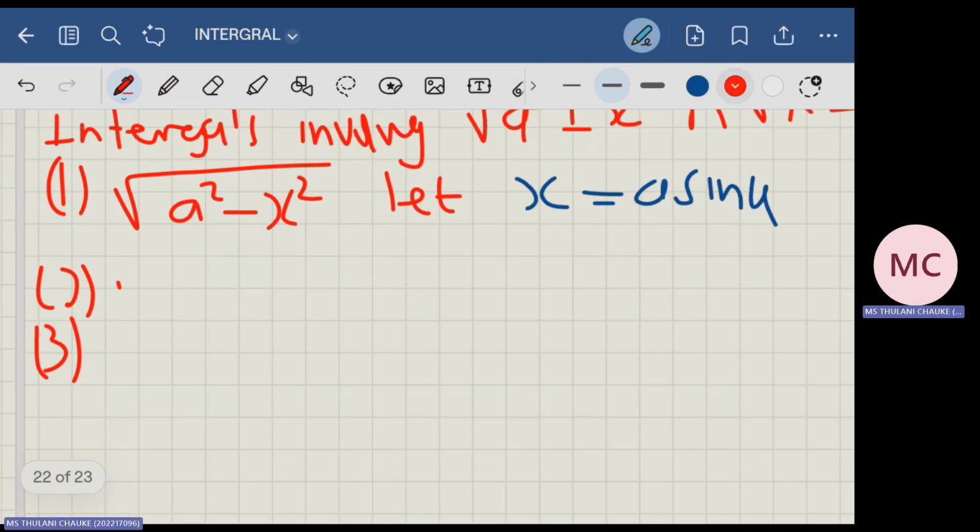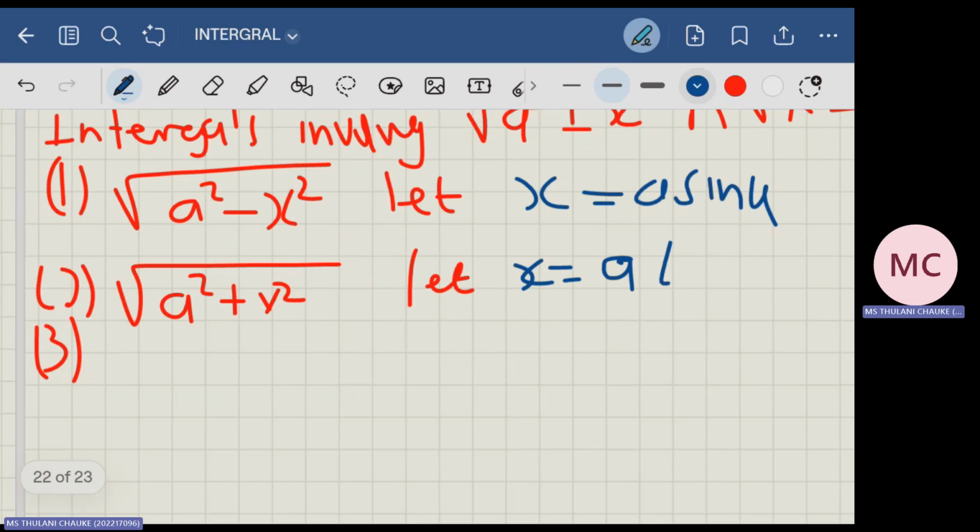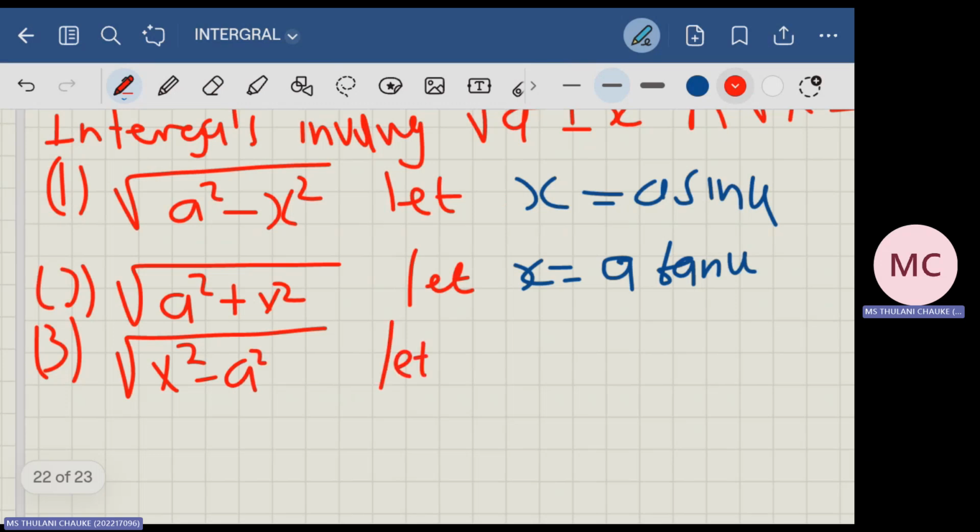If you have got the root of a squared plus x squared, you let your x be equal to a tan of u. Then for the root of x squared minus a squared, you let your x be equal to a sec u.